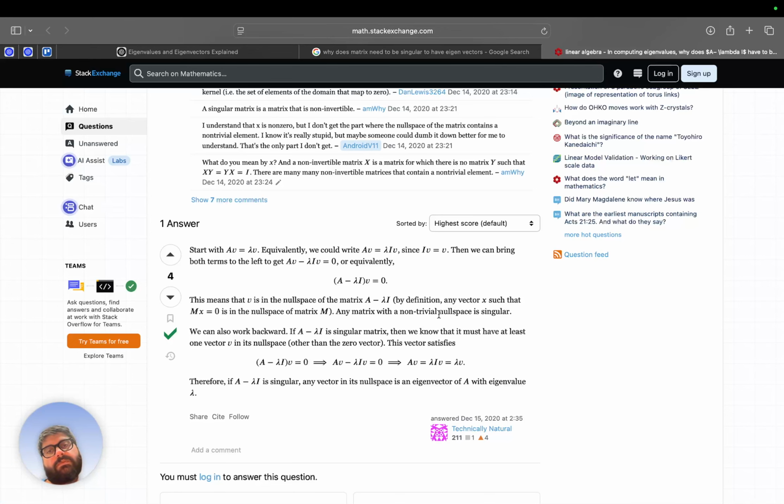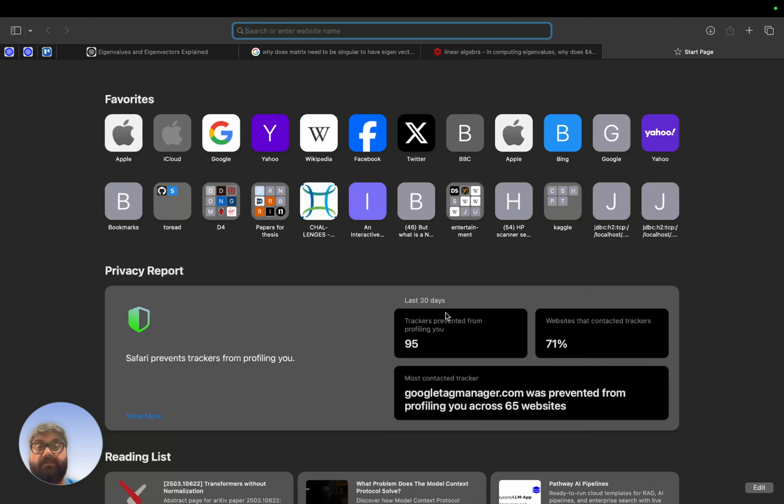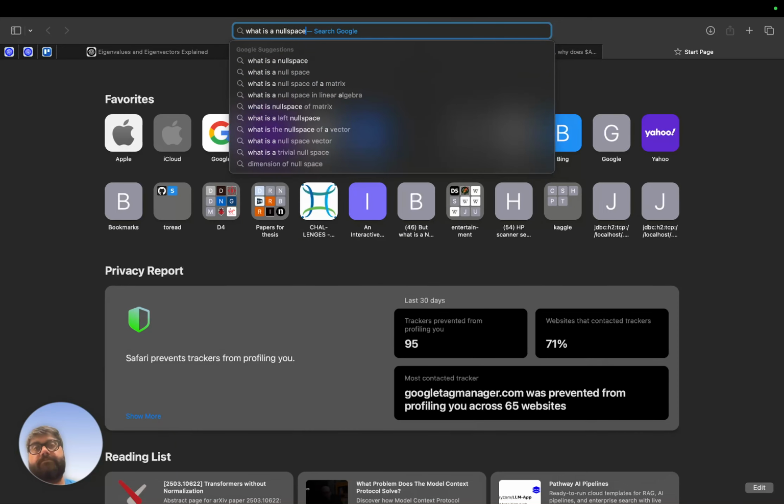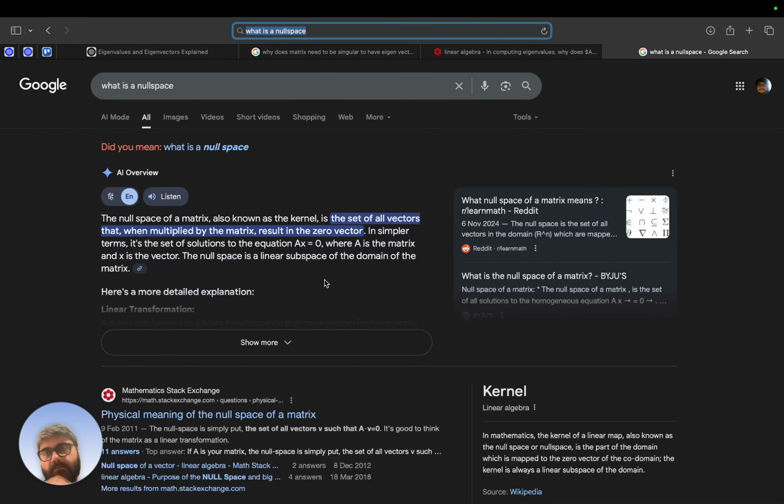Any matrix with a non-trivial null space is singular. What the hell is a null space? Also known as the kernel, it is the set of all vectors that, when multiplied by the matrix, result in the zero vector. Okay.